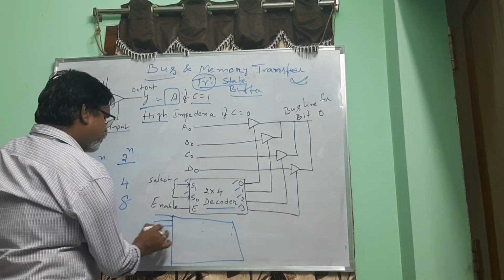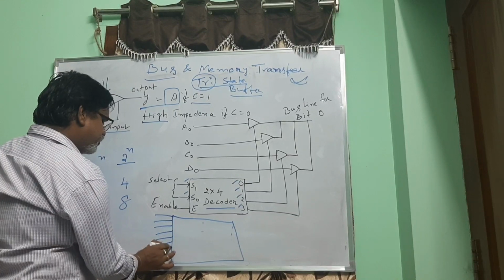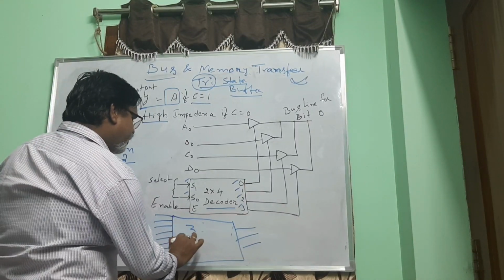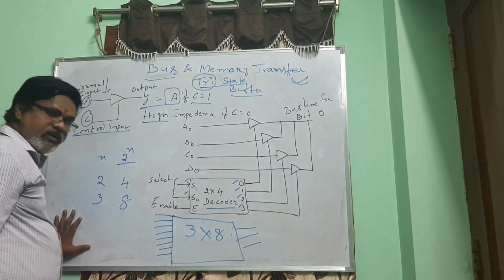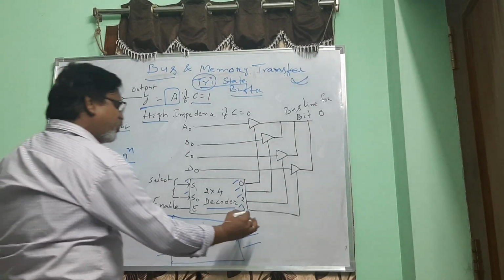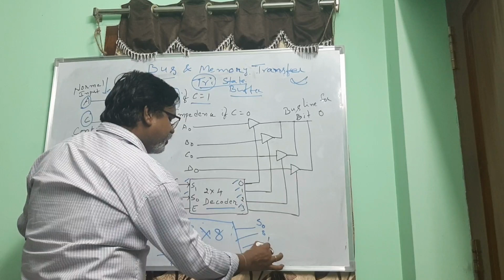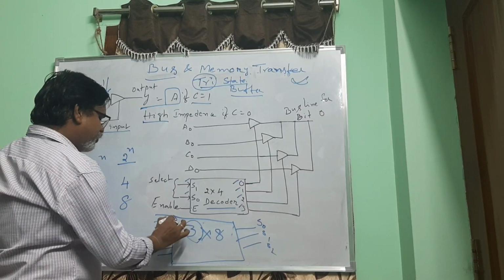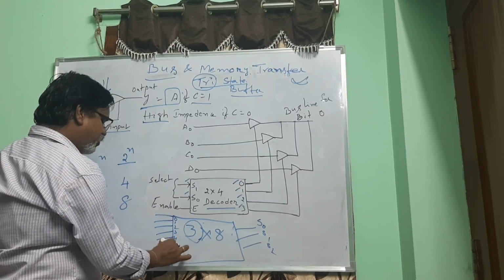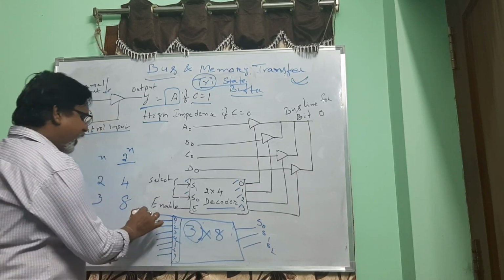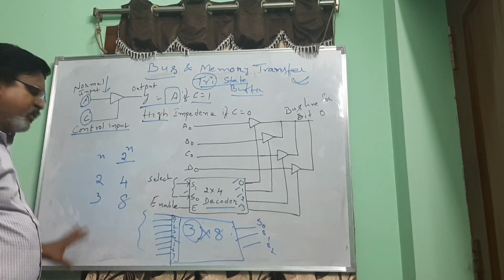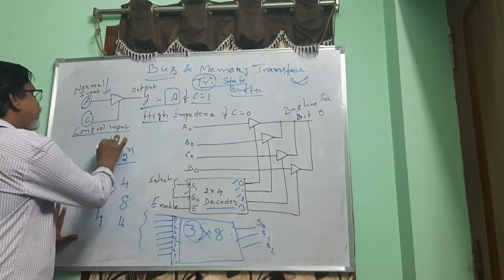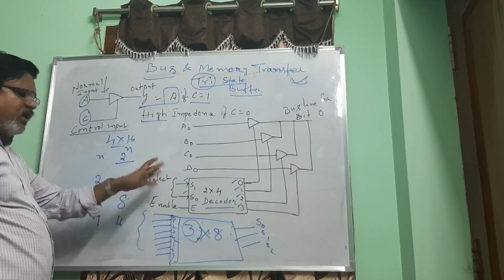This is a 3 by 8 decoder, with inputs S0, S1, S2 and outputs 0 to 7, 8 outputs in total. And if you have a 4 input decoder, then 2 power 4 is 16, so you can have a 4 into 16 decoder. There are different decoders.